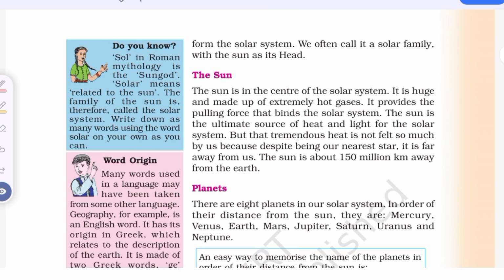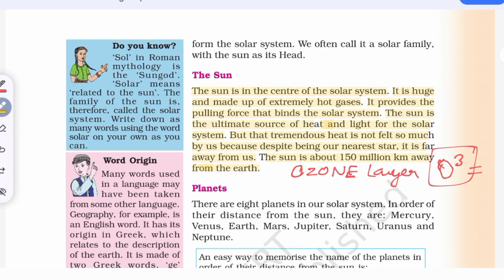Now there is a Do You Know portion. We will read first, then move to the next. Sol in Roman mythology is the sun god, and solar means related to the sun. The family of the sun is therefore called the solar system.